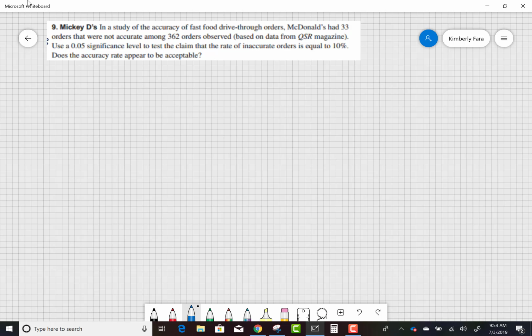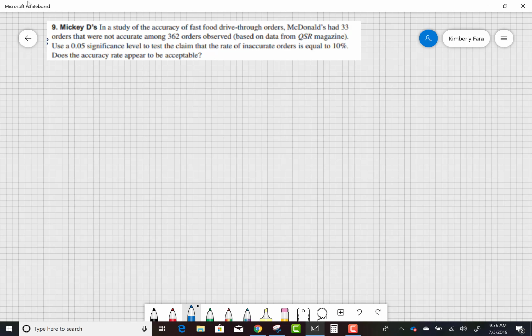So let's start, because whenever we do a significance test, we want to follow the flow chart. If you haven't seen the flow chart, it's in your tables and formula book, and it's also on page 360.